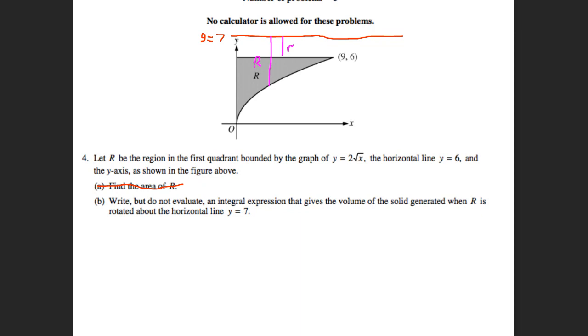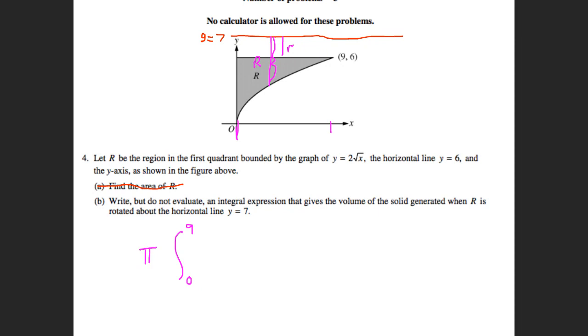So I've got the integral from 0 to 9. I better put a pi out in front. What is the big radius? What is this value here? You're not going to come up with a number like 10, but you're going to come up with an equation.